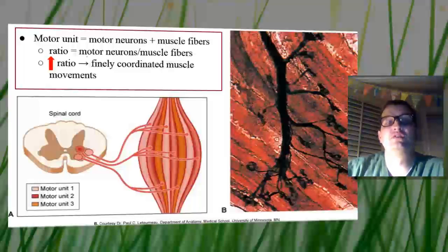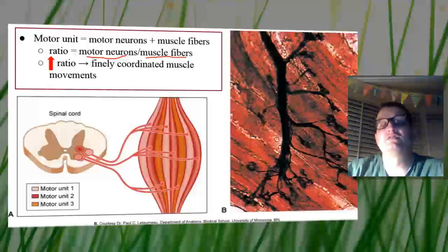So a motor unit is the motor neurons plus the muscle fibers that they innervate, and there's a ratio of motor neurons to muscle fibers. Okay, so remember that ratio, neurons to fibers. If you increase that ratio, which means that you increase the number of neurons and or decrease the number of muscle fibers innervated by a neuron, that indicates fine coordination of muscle movement.